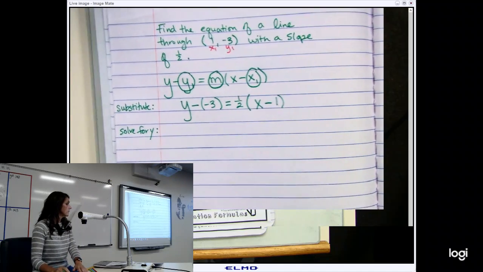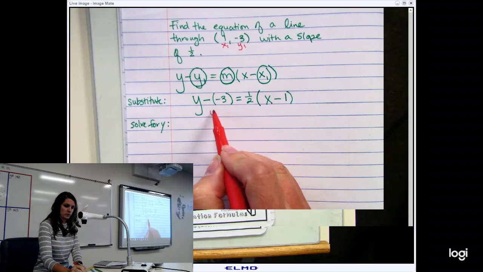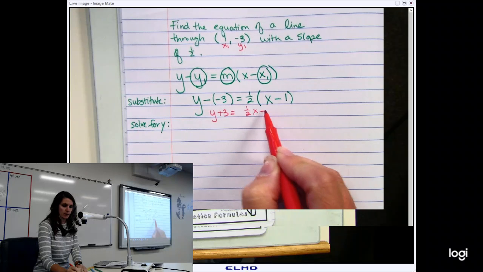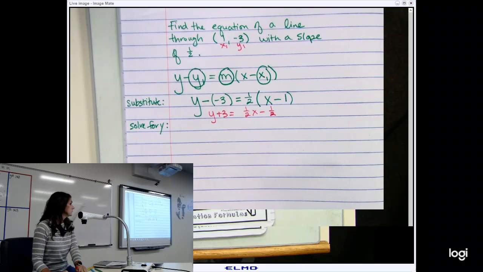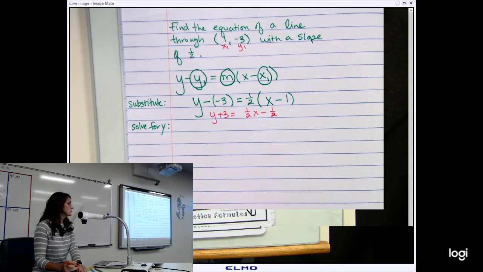All right, so I'm going to clean this up. We'll say Y plus 3 equals 1/2 X minus 1/2. I distributed on the right-hand side. Did our sign on the left? What's the last thing we need to do to solve for Y? You guys are busy taking notes.